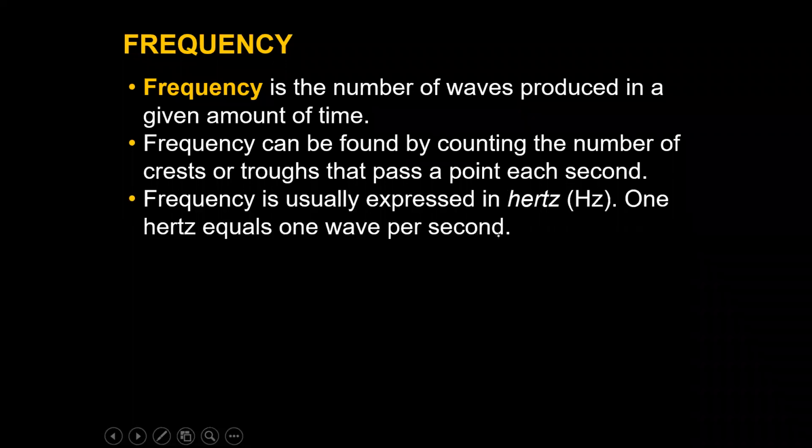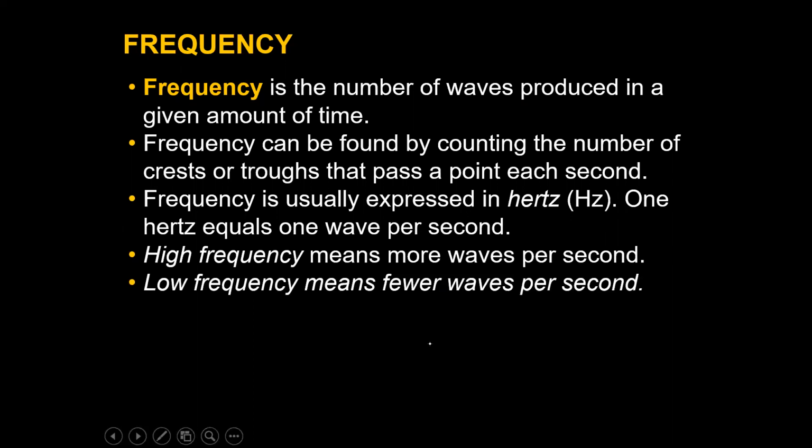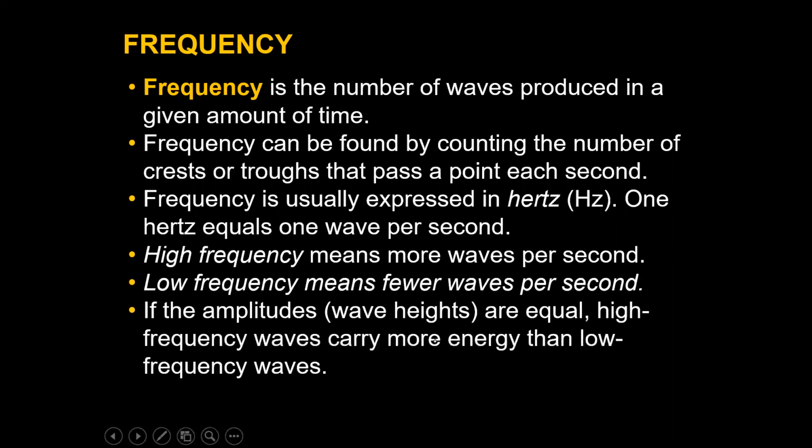Frequency is usually expressed in hertz, that is the SI unit of frequency, and that is a wave per second. High frequency means more waves per second. In other words, the time is fixed, that is 1 second, but the number keeps on changing. The higher the number, the higher the frequency, and the less the number, the less the frequency. Low frequency means fewer waves made per second.